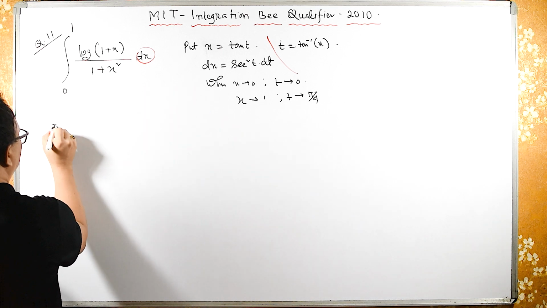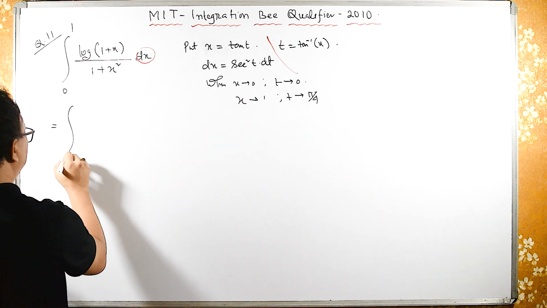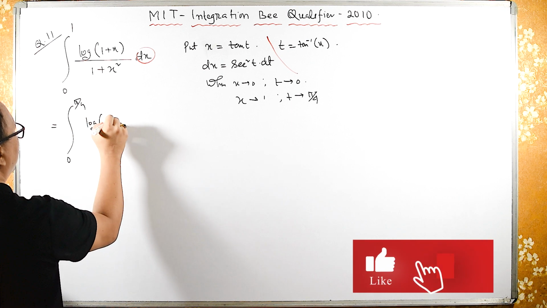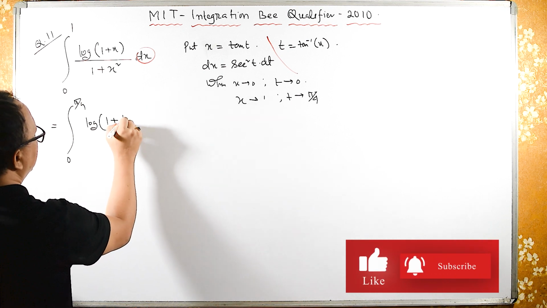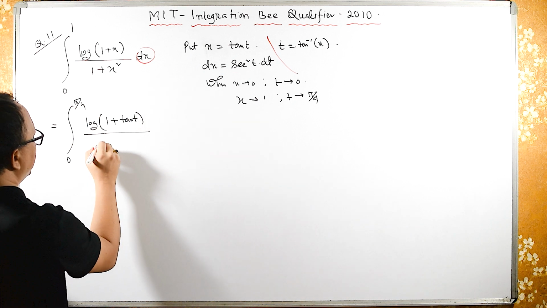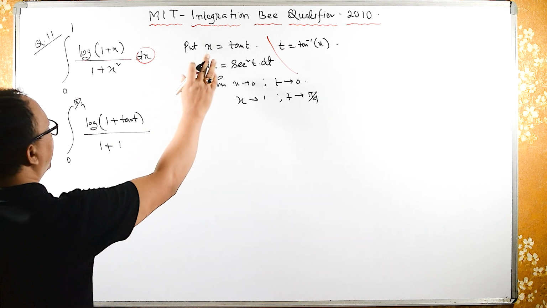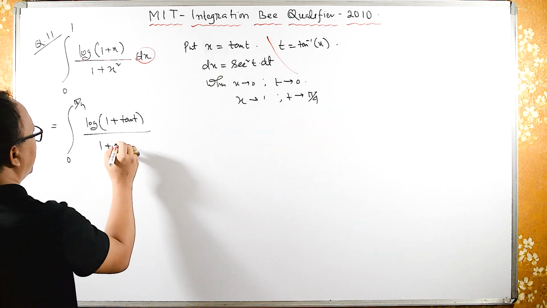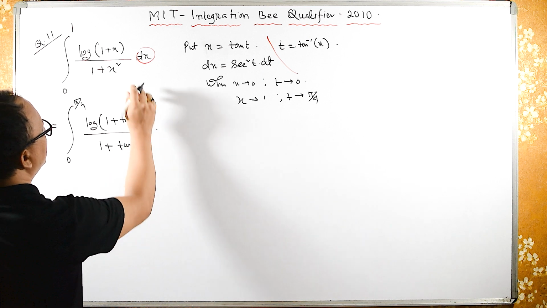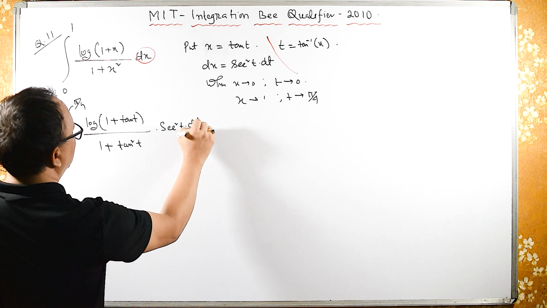Therefore, this integral becomes 0 to pi by 4, and then log of (1 plus x), where x is tan t, upon 1 plus x square, which is 1 plus tan square t, into dx, and dx is sec square t into dt.